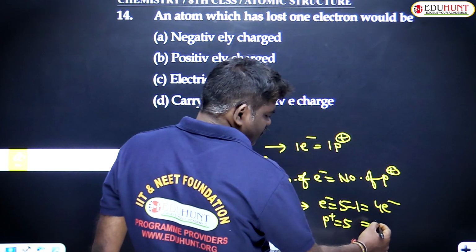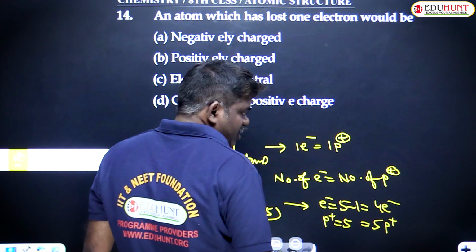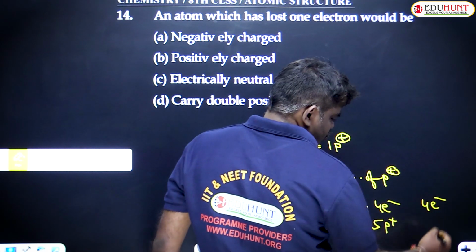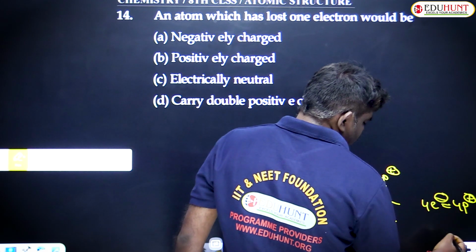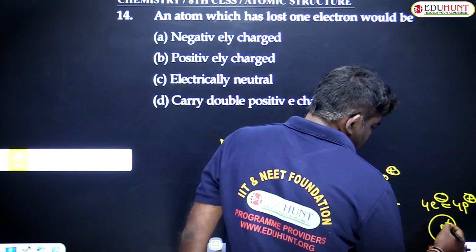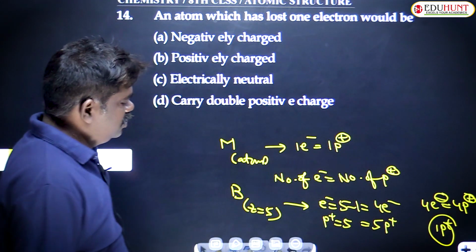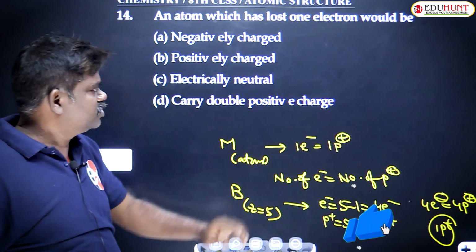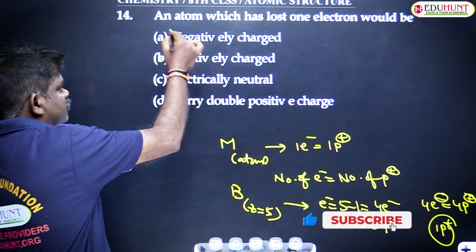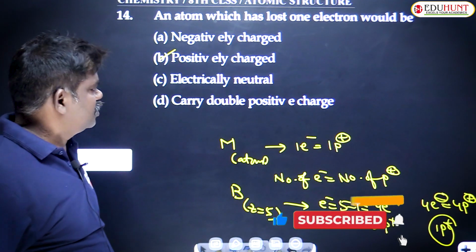How many protons are present? 5 protons. Here 4 electrons cancel with 4 protons, and the extra proton is known as its charge. So if boron lost 1 electron, it exhibits a positively charged ion. This is the answer, positively charged.